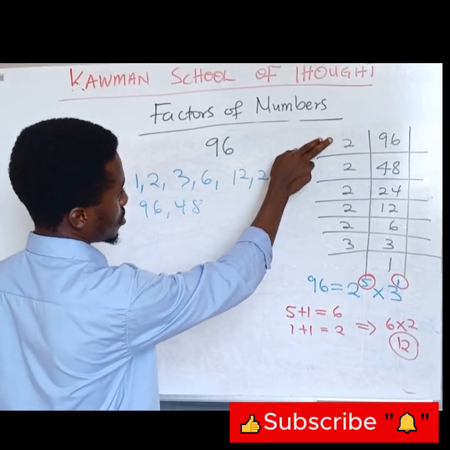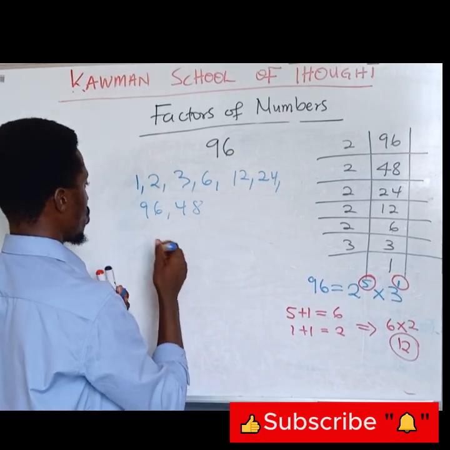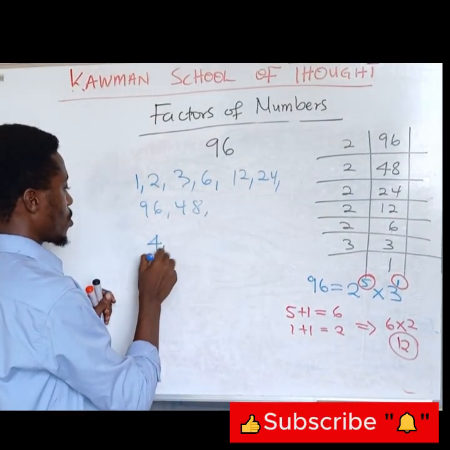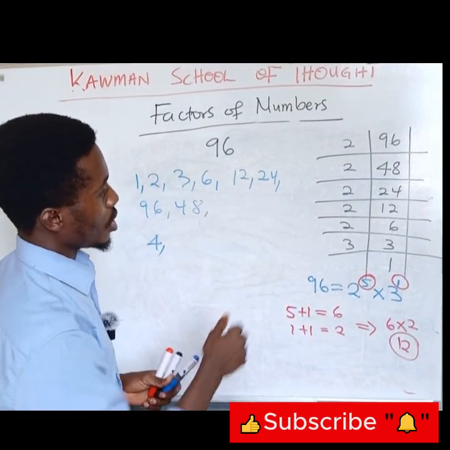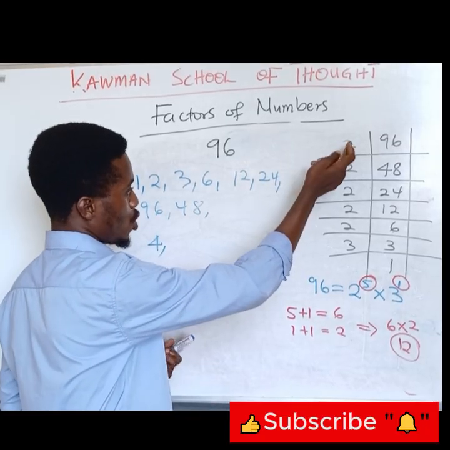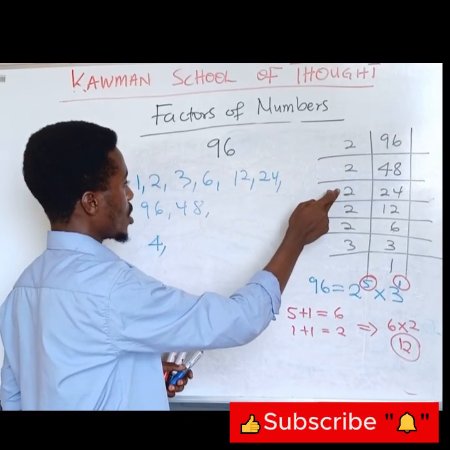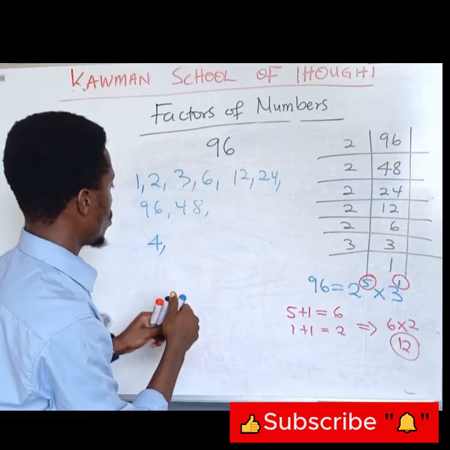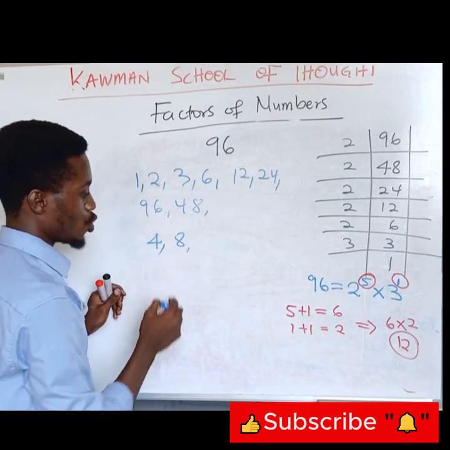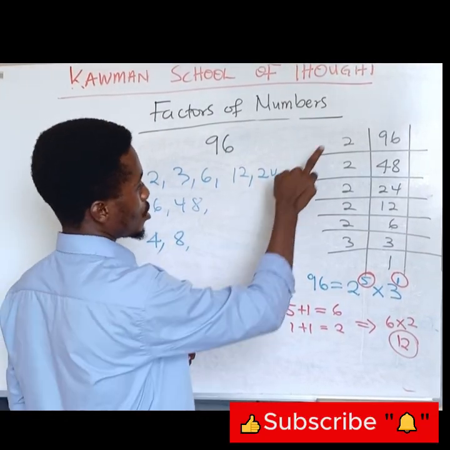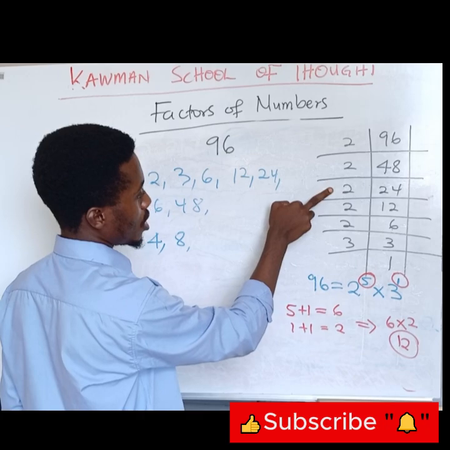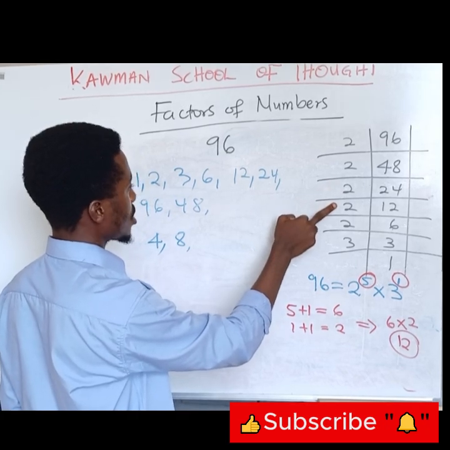2 times 2, 4. It's not here, so we add it. So 4. Then we go again. 2 times 2, 4, times 2, 8. Is 8 here? Nope. So we write our 8. So 2 more to go. 2 times 2, 4, times 2, 8, times 2, 16.